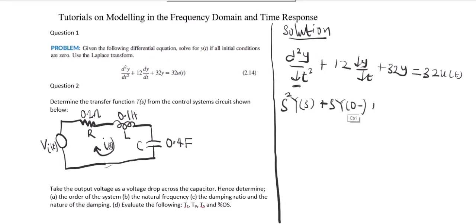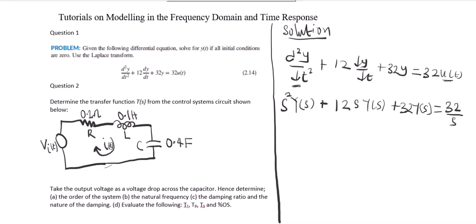So ignoring the initial conditions, we move to the first-order term, 12 dy/dt, which gives us 12 s Y of s. Then plus 32, remember it's now capital Y, not small y, of s, equal to 32 times the unit step function, which is 1 over s, so it's 32 over s here.